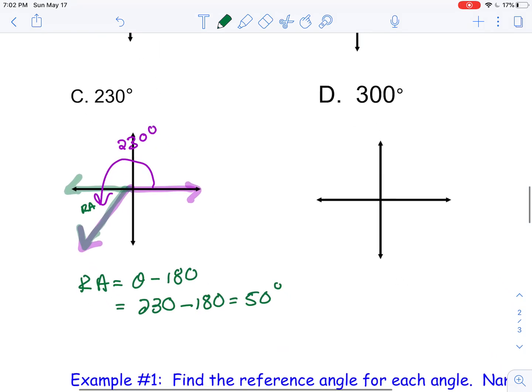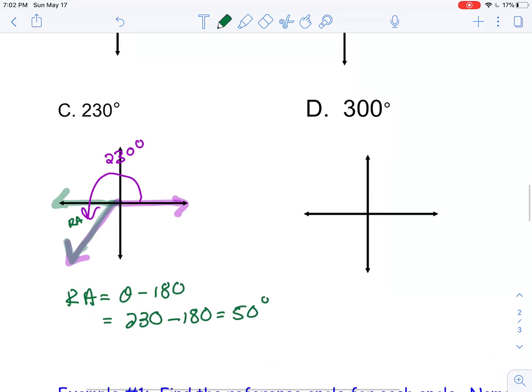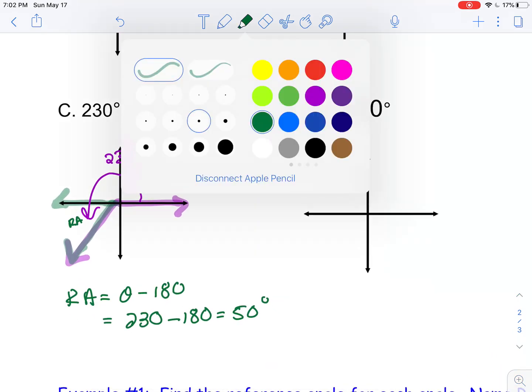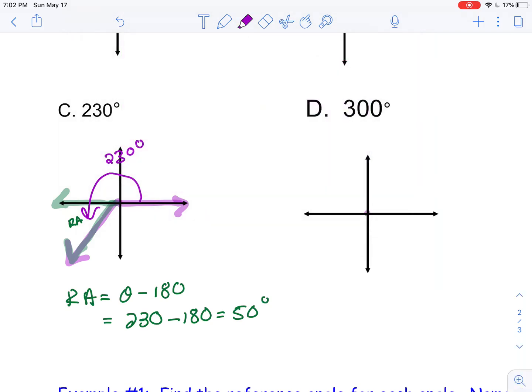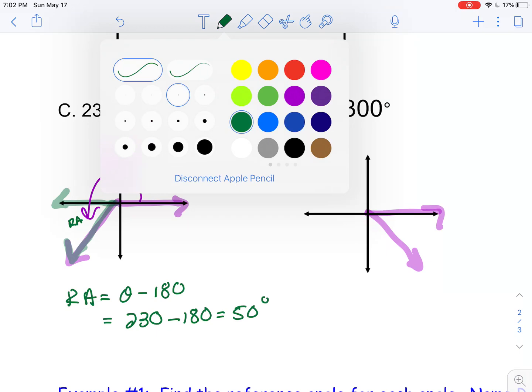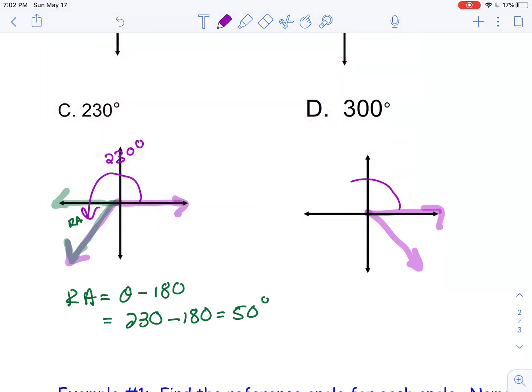And finally, we'll do a fourth quadrant. So let's say I'm in the fourth quadrant. I have a 300-degree angle. That means it's going to open here, 300 degrees. My reference angle is going to be the terminating side and the closest x-axis.